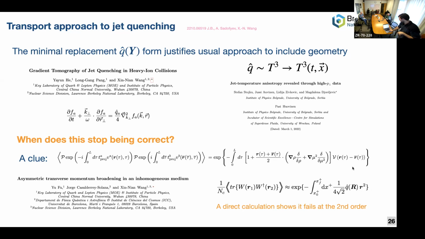Essentially, this V gets replaced by this R squared, and then all of the dependence on the anisotropy gets put inside the diffusion coefficient. That's why this approximation works, because when you do this approximation you lose track of all the corrections. But in fact, if you do the calculation from the beginning and compute this object to second order in gradients, you will find out that it doesn't exponentiate anymore.